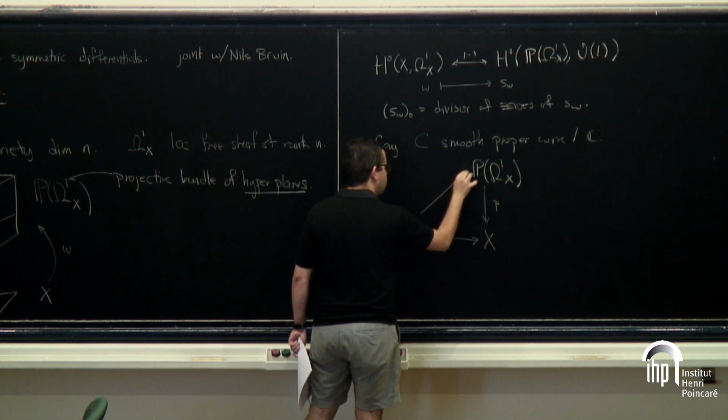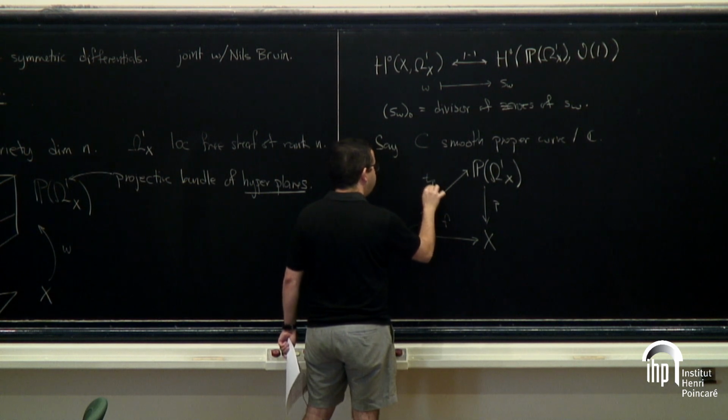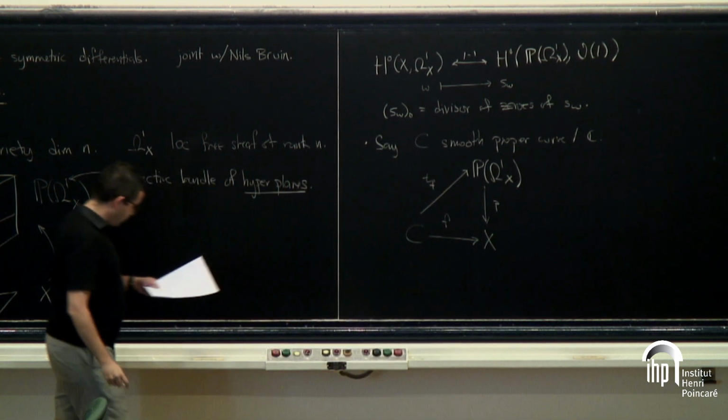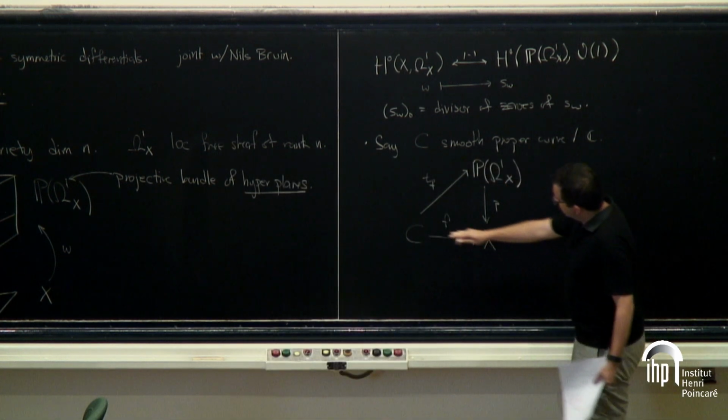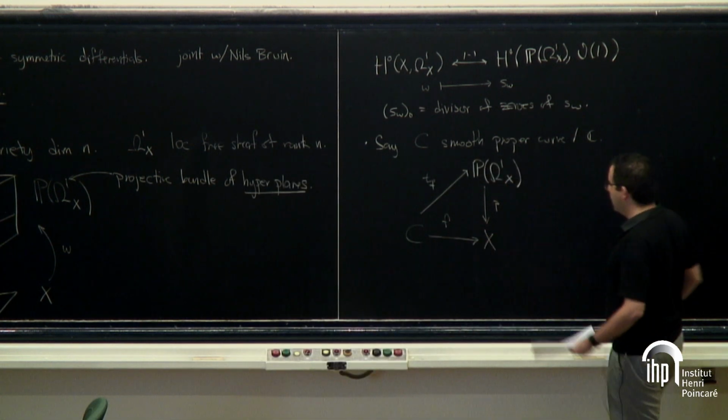I'll call this T sub f. And you can say roughly what this map is, at least in the locus where f is unramified.